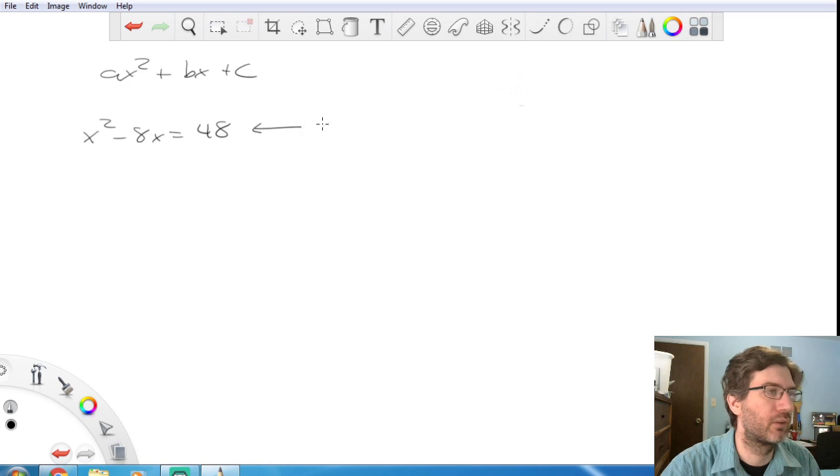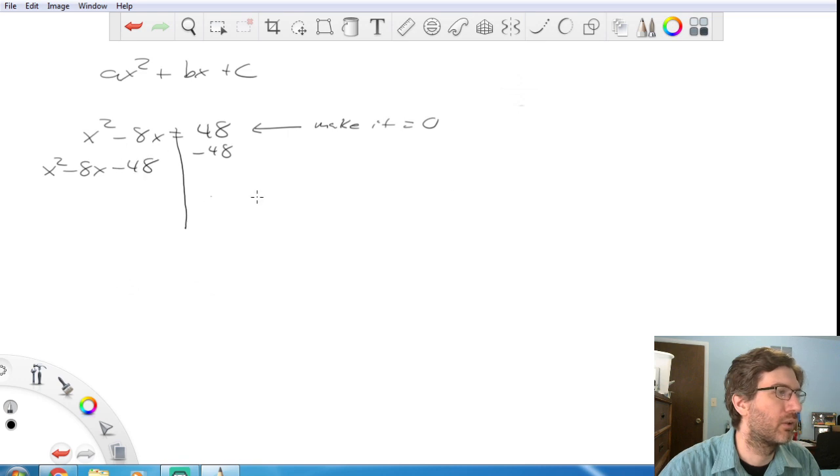So again, make it equal 0. You're going to subtract 48 from this side, and then you're going to get x squared minus 8x minus 48.